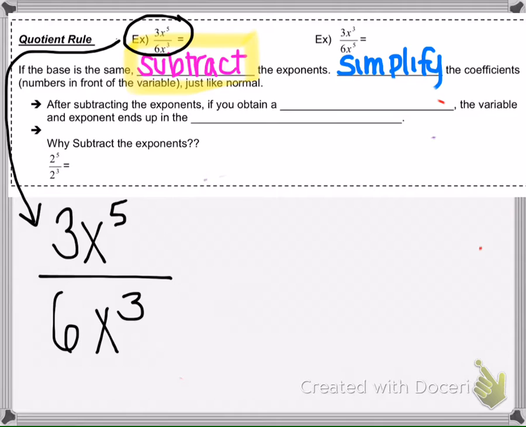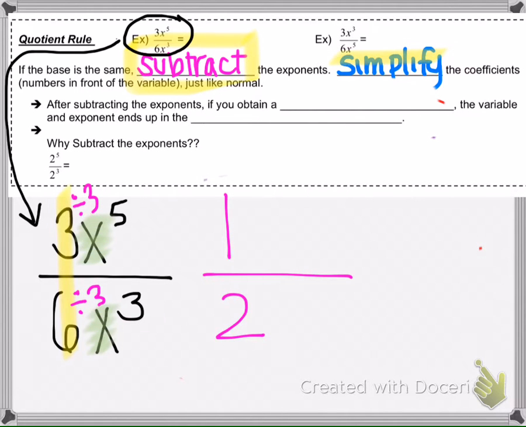If we take a look at this example up here, the 3 and the 6 are coefficients. So we're going to simplify them, just like regular fractions. 3 goes into 3 and 6, and we get 1/2. Now the bases are the same here, they both have x, so the rule we said was to subtract their exponents.